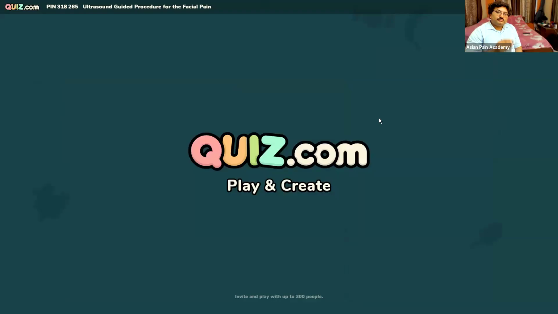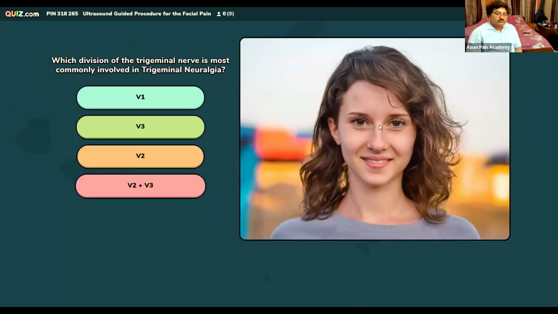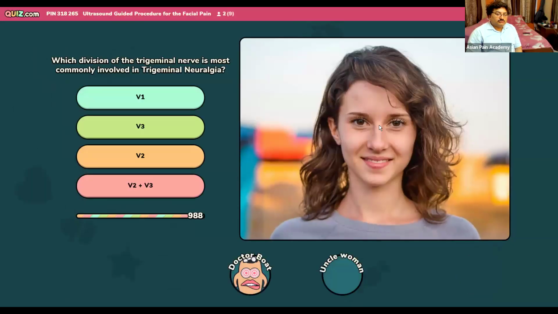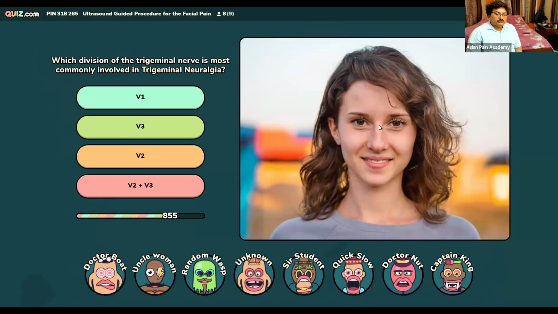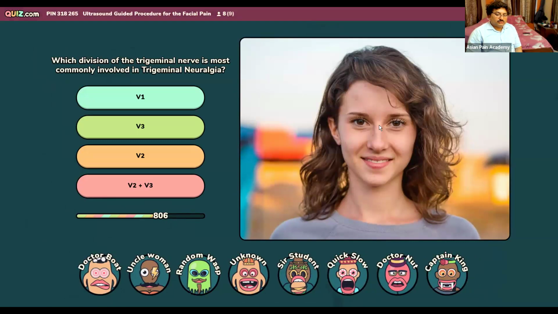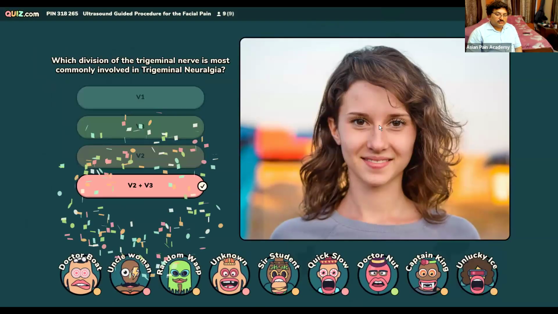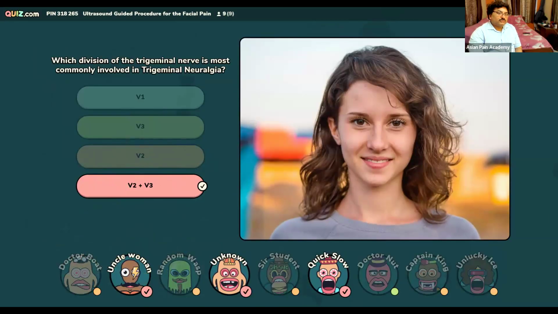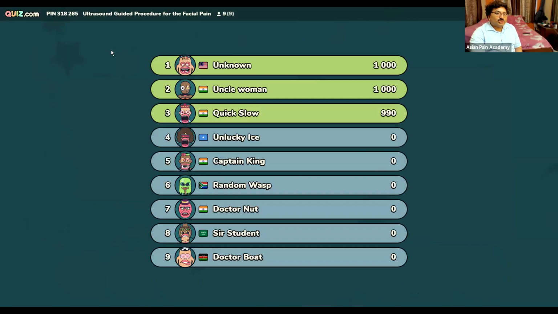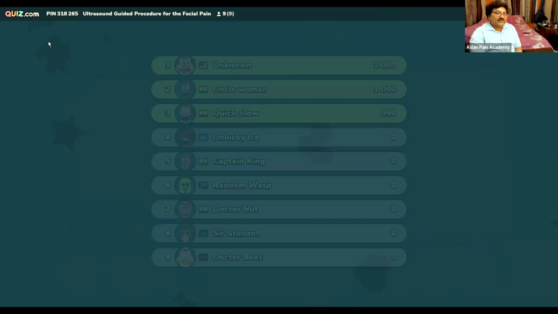Which division of the trigeminal nerve is most commonly involved in trigeminal neuralgia? V2 plus V3. It's approximately 32% of the cases, where both V2 and V3 together are involved.